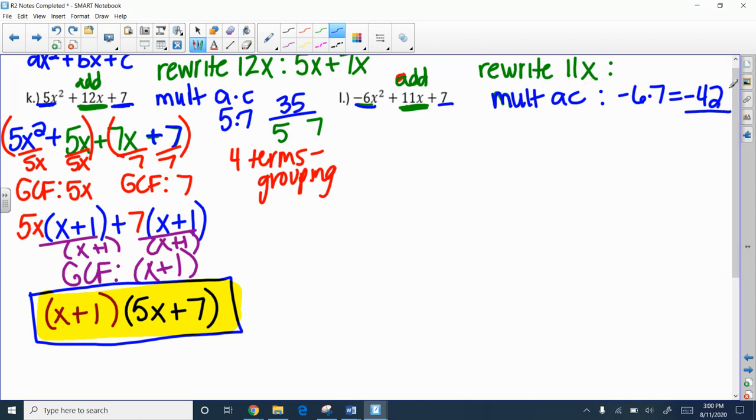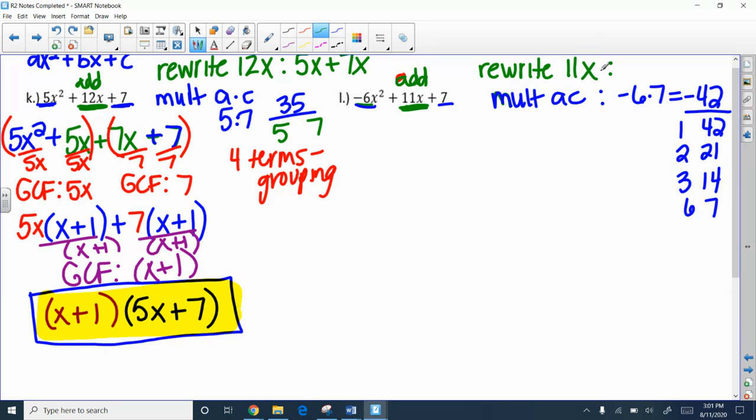To find those two numbers, it's maybe not as obvious, so I'm going to make a list of factors like 1 and 42, 2 and 21, 3 and 14, and then 6 and 7. Because it multiplies to -42, I'm looking for two numbers that multiply to be a negative, so one of them has to be negative.